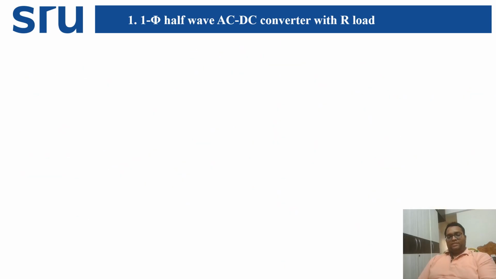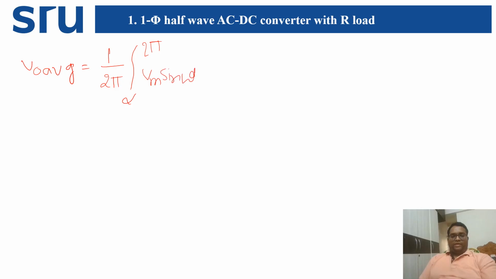First, from the above waveforms, the average output voltage we will write as V naught average, equal to, as I told you, this is one complete repetition, so V naught average is equal to 1 by 2 pi integration from alpha to 2 pi of Vm sin omega t d omega t.